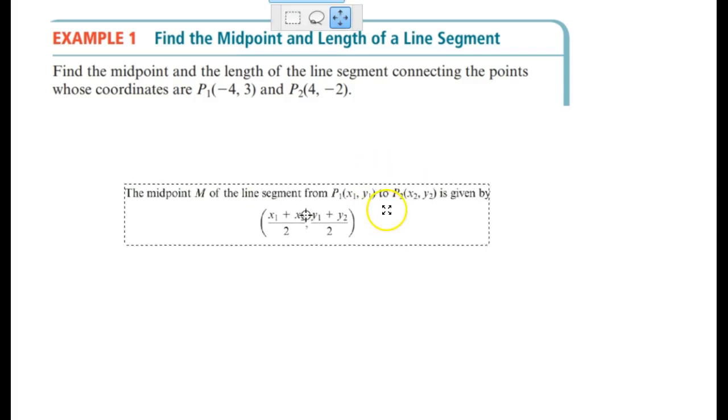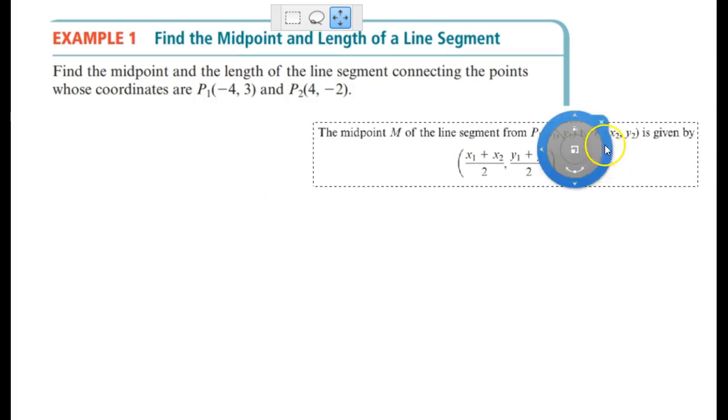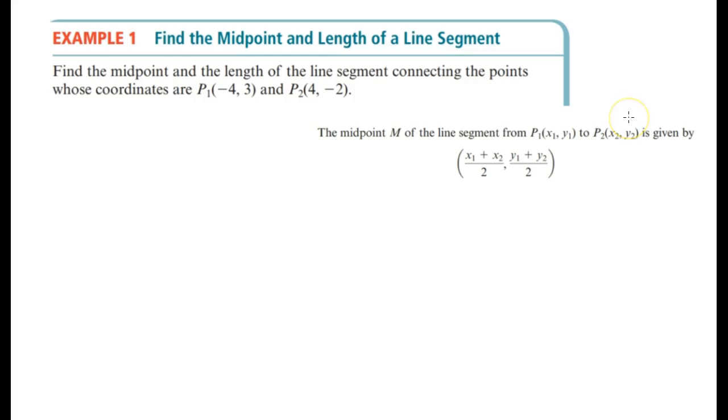Make this a little bit smaller. We don't need that big. Bring it over here. Okay, so what we have is 2 points, P1 and P2, where the x-coordinate, the first number in your point, is labeled x1, and then y1 is the second number.